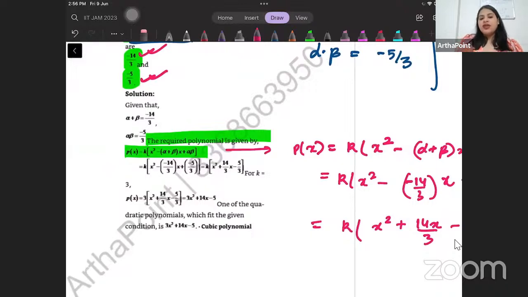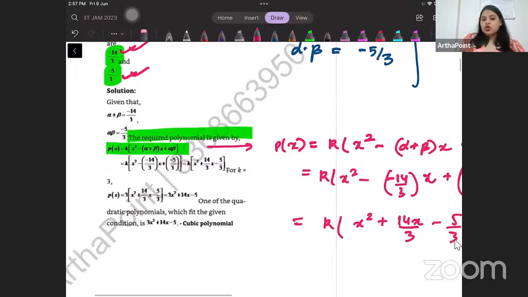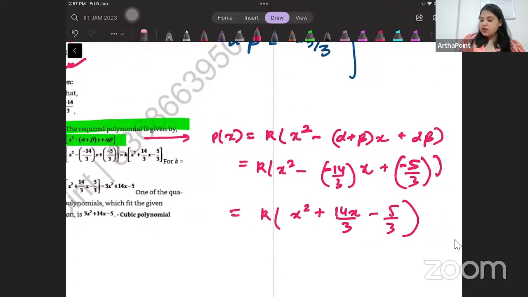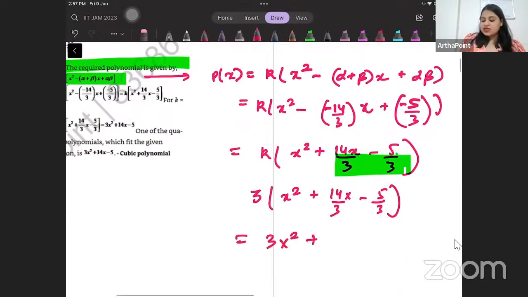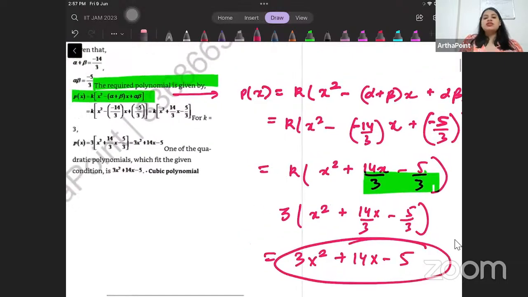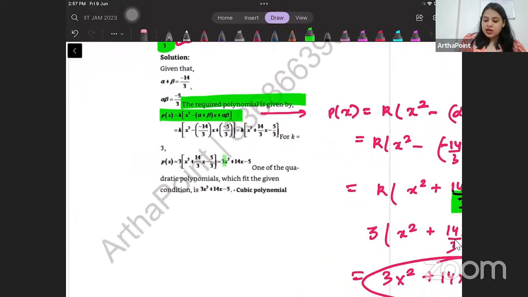So to remove the denominator, we usually keep the value of k such that the denominator cancels out. If the denominator has 3 here, I will take k as 3. So it will be k x square plus 14x by 3 minus 5 by 3, and I will get the answer as 3x square plus 14x minus 5. This will be my required polynomial.